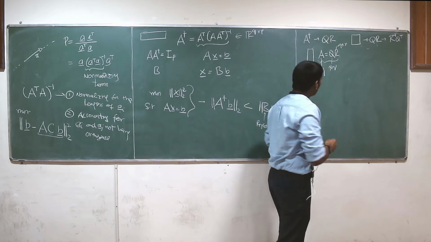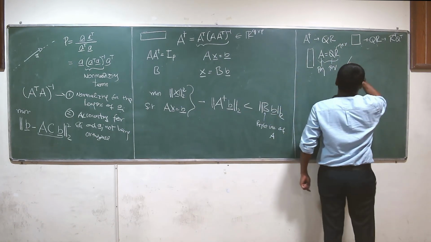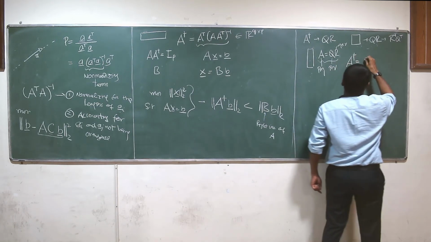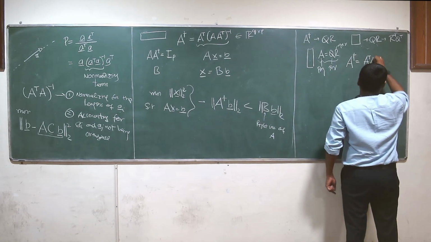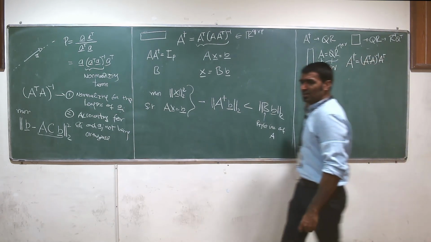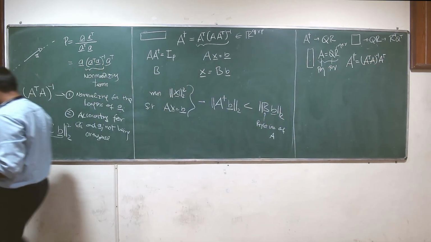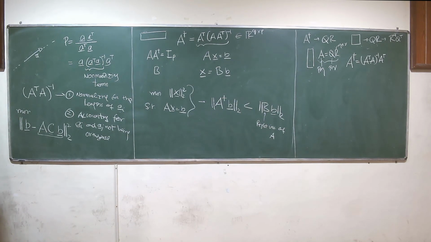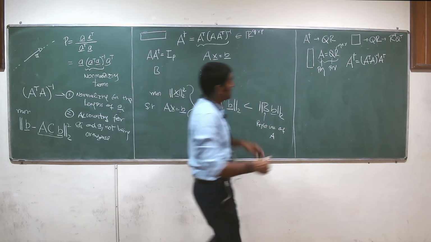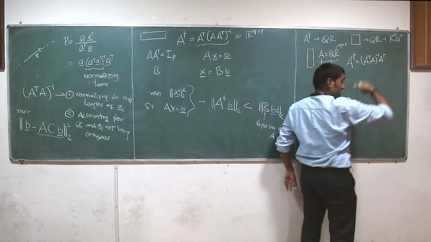Given that A is QR, tell me what is the left pseudo inverse in terms of the Q and R components, where we know the left pseudo inverse is this. Substitute for QR and then simplify and tell me what you get. So you essentially replace A by QR, A transpose by QR transpose.